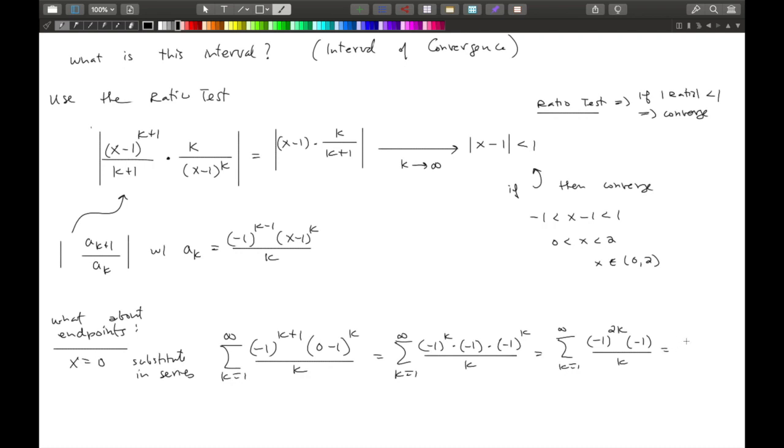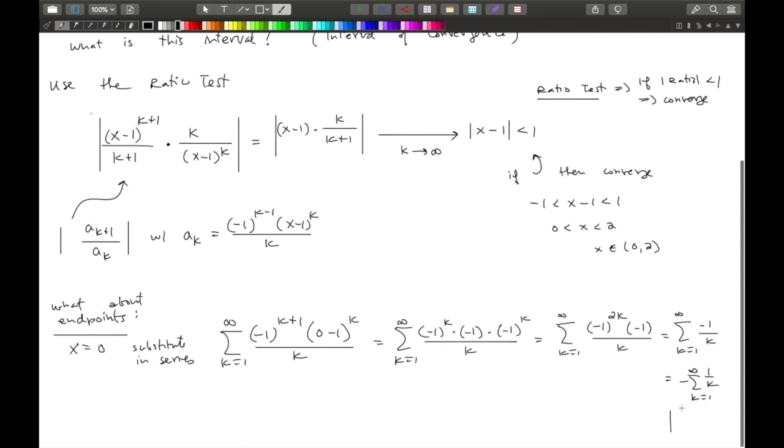So really this is the sum from k equals 1 to infinity of negative 1 over k, which of course is equal to negative of the sum of 1 over k from 1 to infinity, and this is the harmonic series, and this diverges.